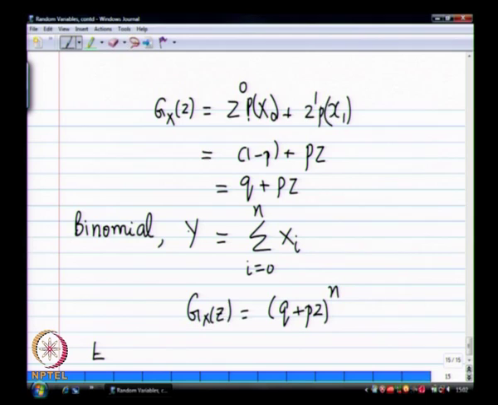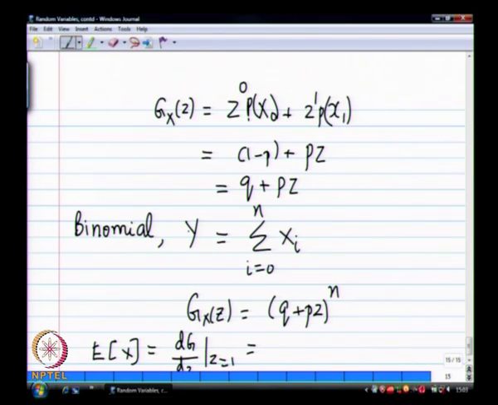and now I can compute E of x. So what is the differential, what is the derivative? Yeah.